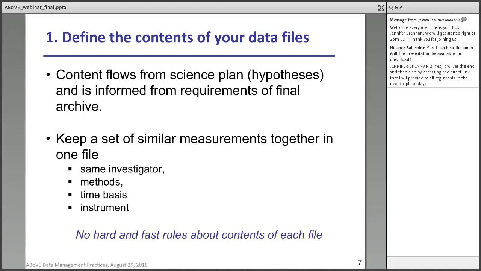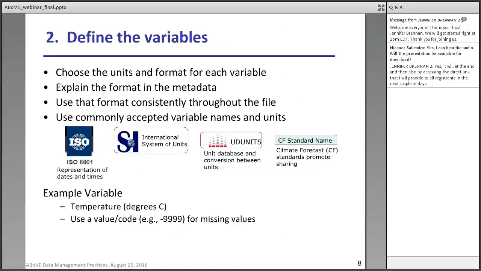There are no hard and fast rules about the content of each file, but you may want to avoid lumping everything together into huge files or spreading too thin and creating too many small files. And second, define the variables well.